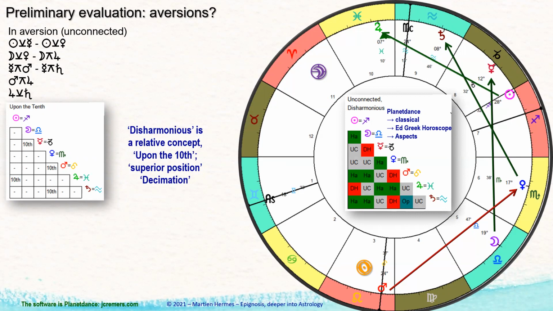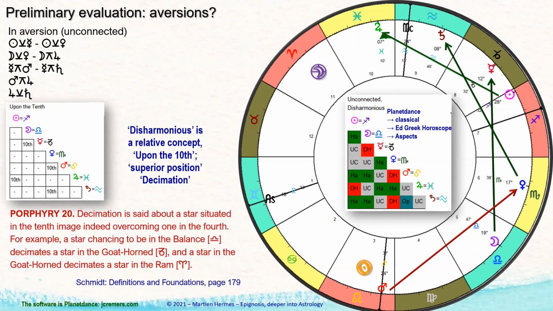And you can see in Holly's chart, in the graph on the left side of this slide, that there are quite some planets that have a 10th house position relative to other planets, which is very important, because whenever a planet is in superior position, it's very strong in relation to the other planet. And that can be either good or not so good. I will show you what this concept is, but let's first keep the word decimation.